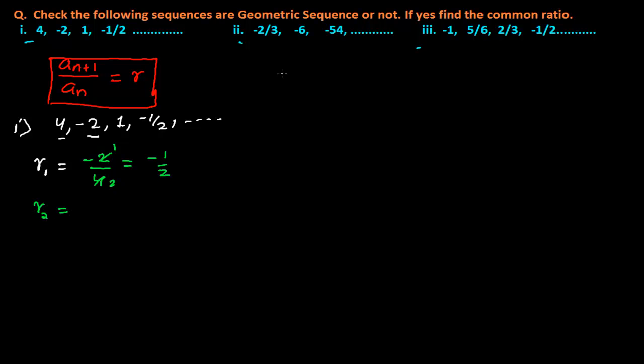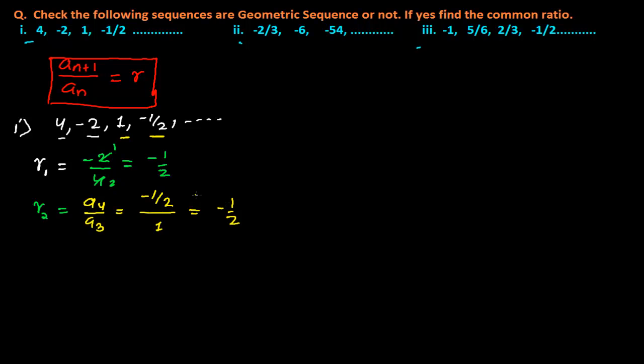Let me take one more, R2. I can take any terms. Suppose I take the fourth term over the third term, because the fourth term is the succeeding term of the third term. That is minus half over 1, and that's again minus half. That's good news, again we got the same common ratio.